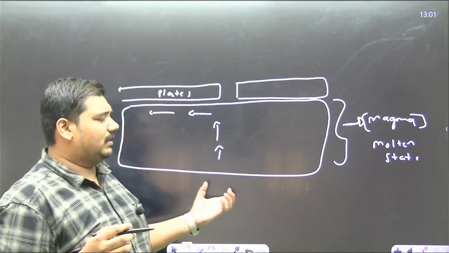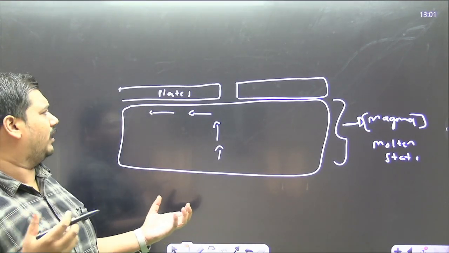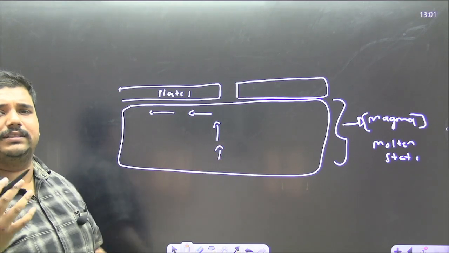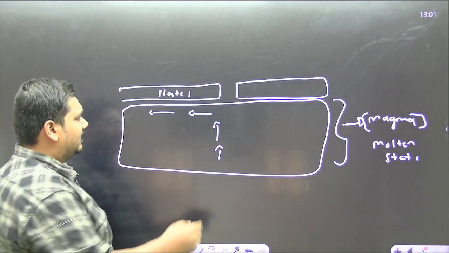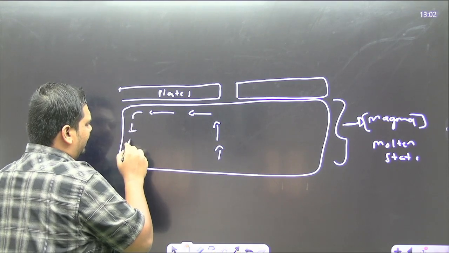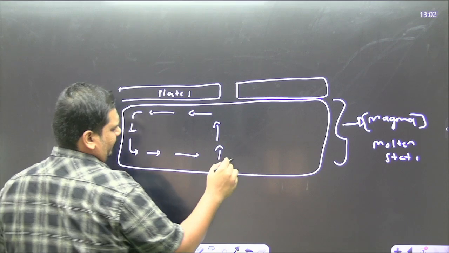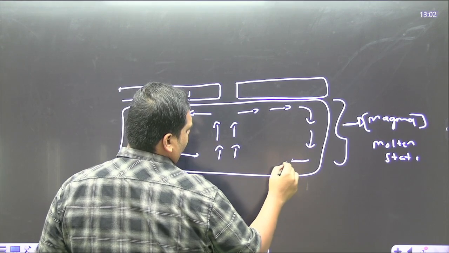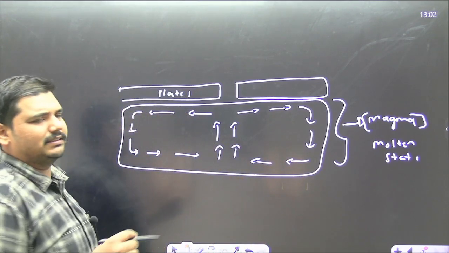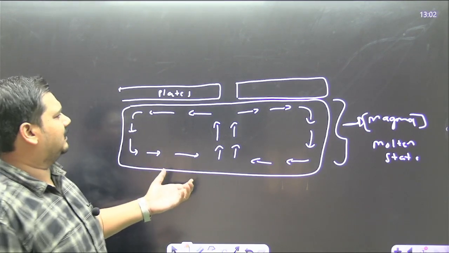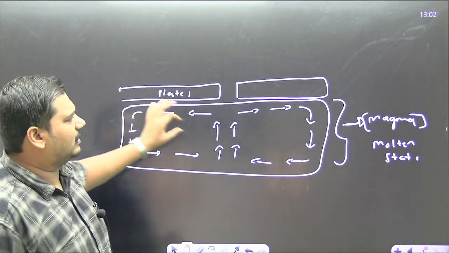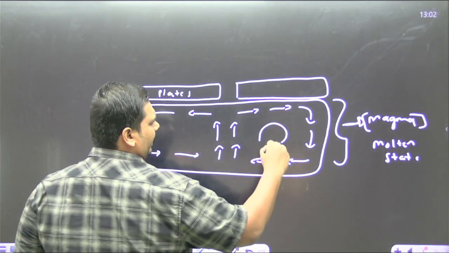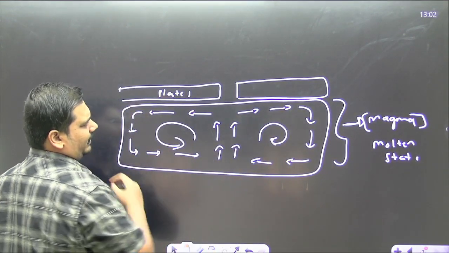Since the earth has a solid core and it is always in a constant state of rotation, these convectional currents are born in such a direction. This is the path of the convectional current. What it essentially means is the magma within the asthenosphere is moving in this direction.